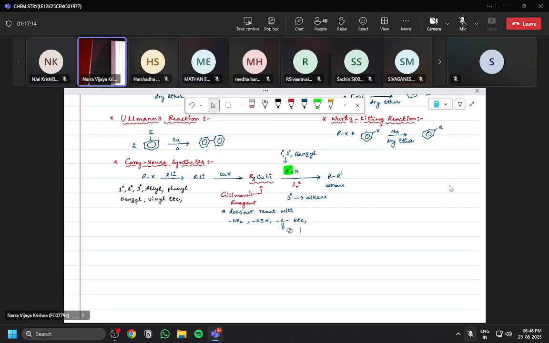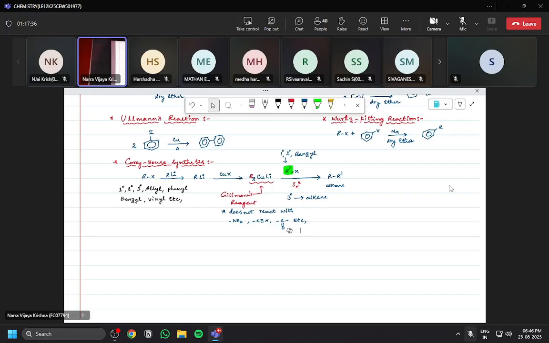Response, sir. Next, page number 82, leaving group ability. Which are better leaving groups? Simple statement: weak bases are better leaving groups. Over. Next, optical isomerism, elements of symmetry. All these things are long back over.